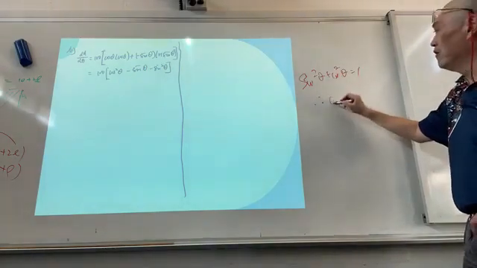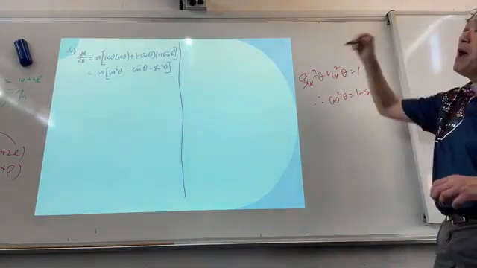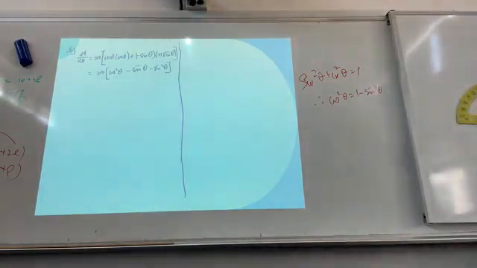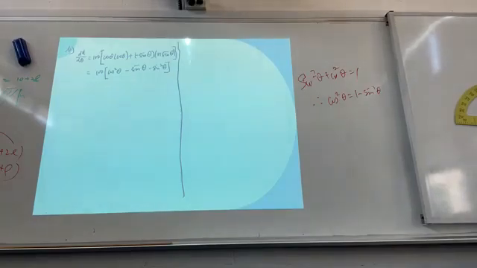So therefore, cos squared theta equals 1 minus sine squared theta. And then you should be able to factorize it.